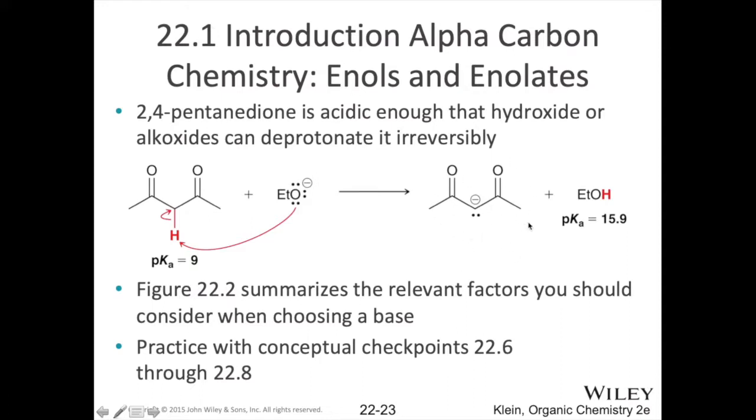Okay, so again, you want to consider these pKa values. You want to think about the acidity of those ketones and the stability of that resulting enolate when selecting your base. Okay, so obviously here ethoxide, something like sodium ethoxide, would be a perfectly appropriate base for making just the enolate. But if we tried doing this with a typical ketone or aldehyde, it wouldn't be. We'd have an equilibrium there.